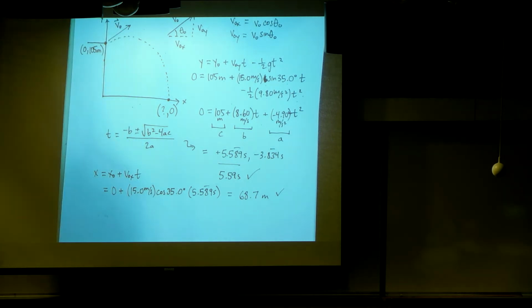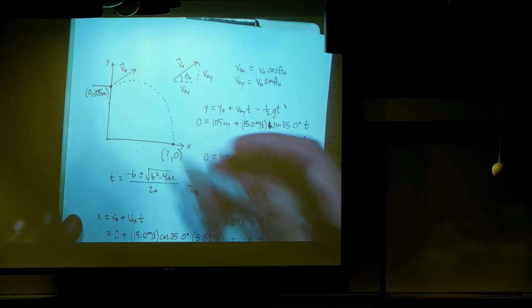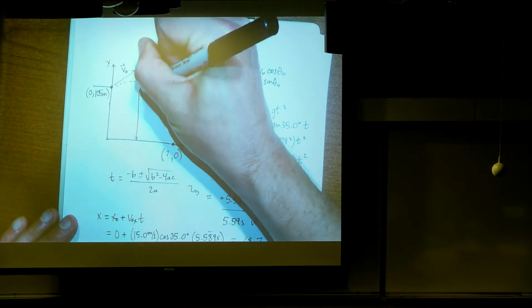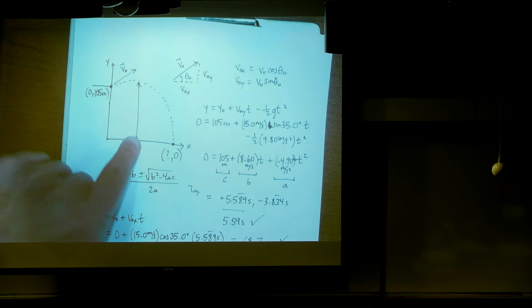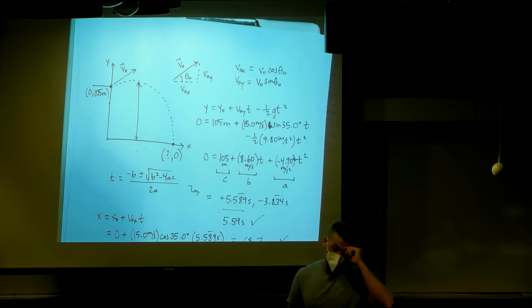Okay, the last question is, what is the maximum height? So actually, let's draw that. The maximum height from the ground to the peak of the motion. Any ideas how we could get that? Something special happens when a projectile reaches its maximum height. Do you remember?